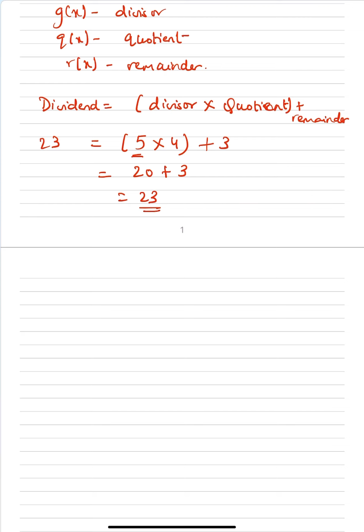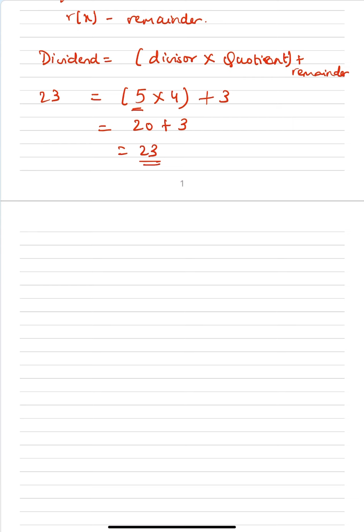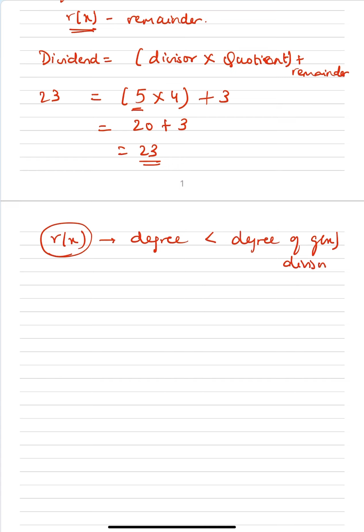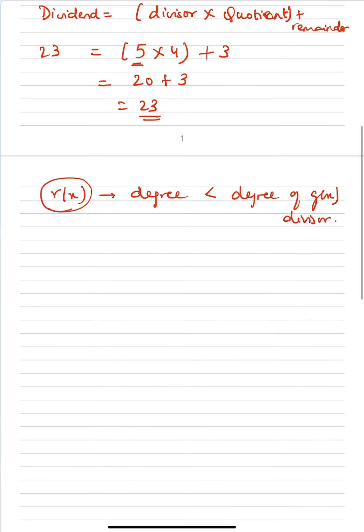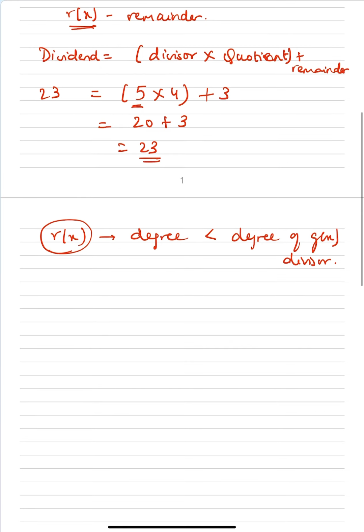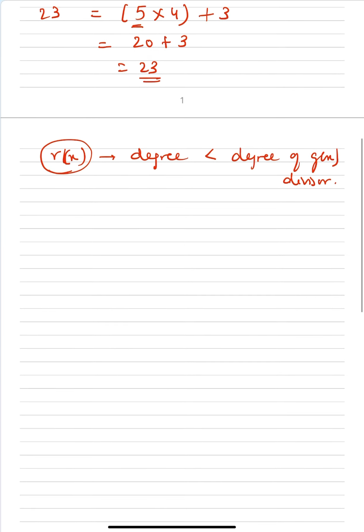Now only one thing you should remember: the degree of r of x, the remainder, which is also a polynomial, is always less than the degree of g of x, the divisor. You know degree: the highest exponent in the polynomial is its degree. So the remainder's degree should be less than the divisor's degree.